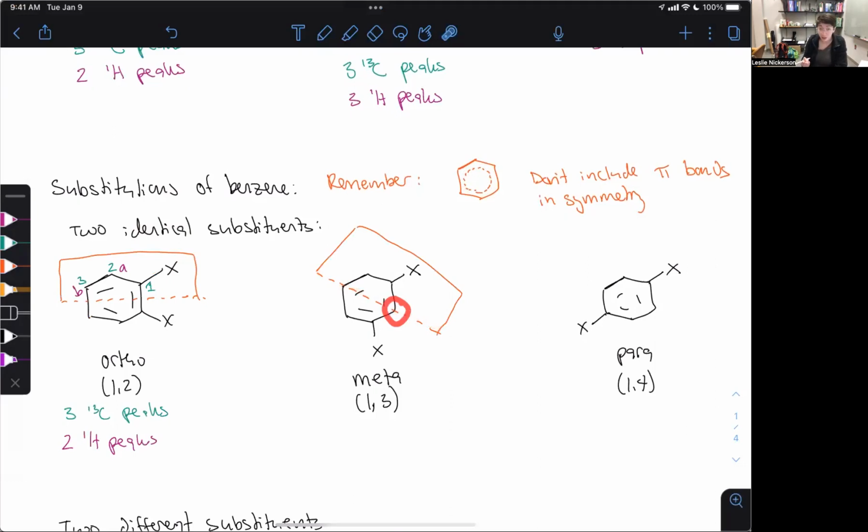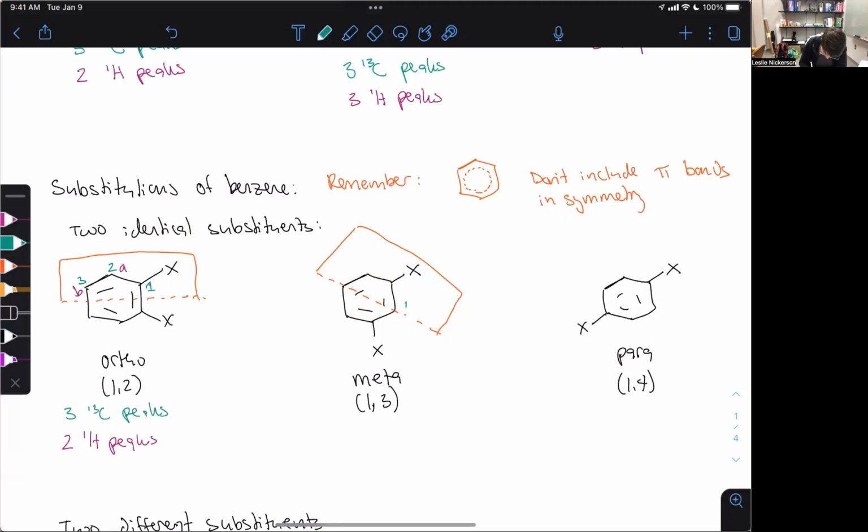Because this CH is different than this CH: this one's close to the X's, this one's far away from the X's. So we have to make sure that we're counting those as different, because we don't have a plane of symmetry going this way. We don't have one there, but we do have one right here. So these are unique environments, and we want to make sure that we don't miss those.